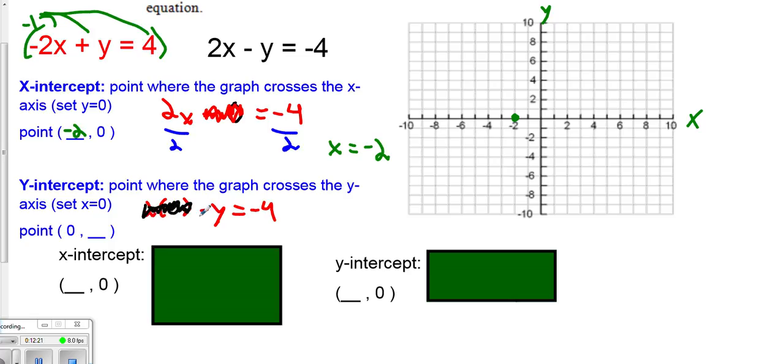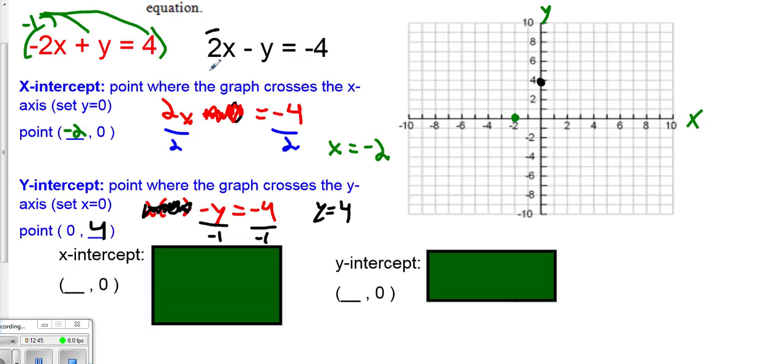So it basically says negative y equals negative 4. Divide both sides by negative 1. And we get that y has to be 4. So our y-intercept is this point 0, 4. So 0 over, 4 up. There we go. That's our x and our y-intercept.